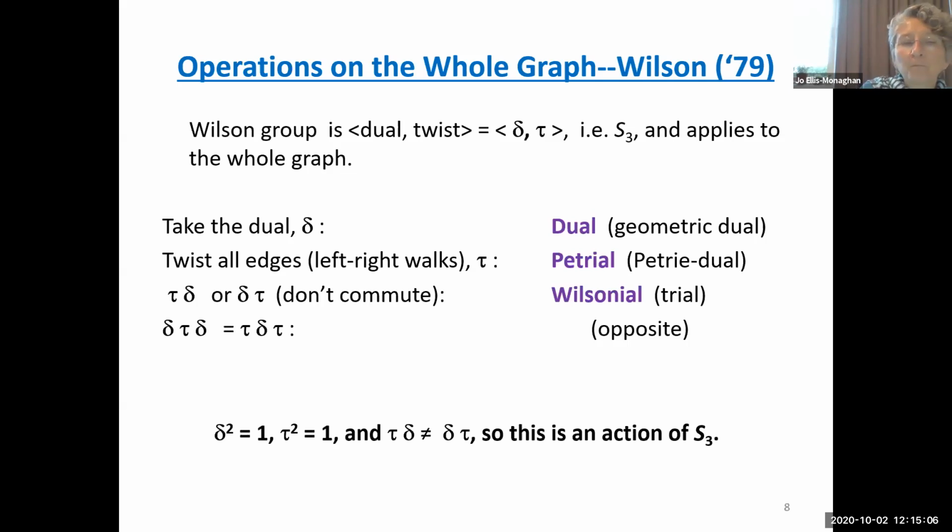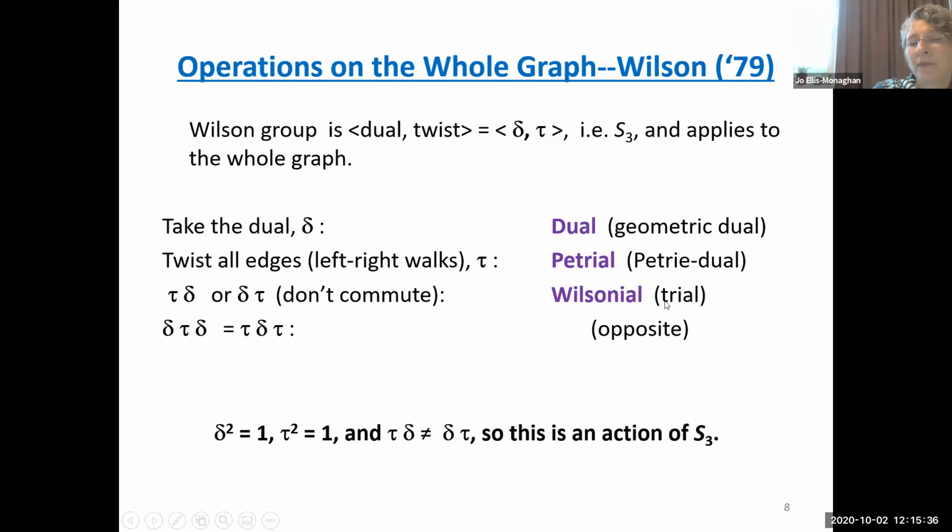So you take the dual, the geometric dual, you take the twist, or the Petrie dual. Those are both operations of order 2, as we noticed. They don't commute with each other, so they generate a copy of S3, and you have an action of S3 on the whole graph.